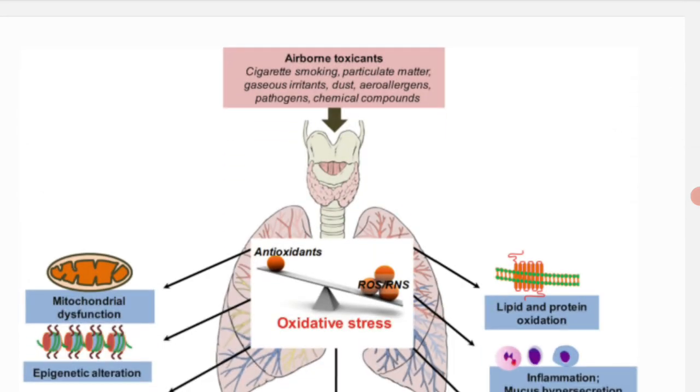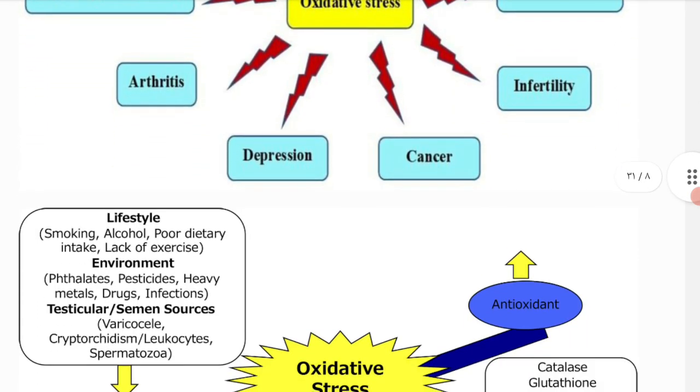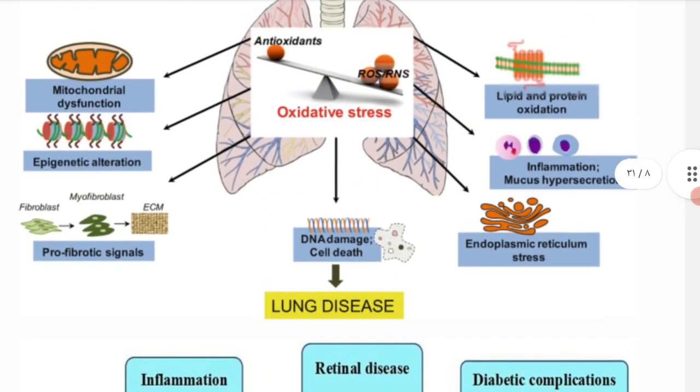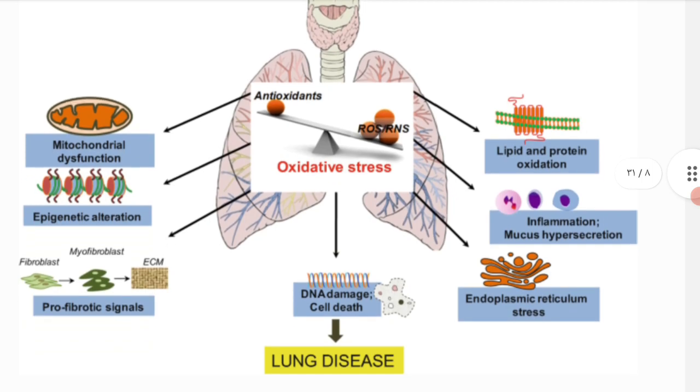Airborne toxicants: this is another example of oxidative stress, in the case of lung disease. If somebody is exposed to toxins by smoking or gases or dust or anything else, the oxidants will increase and the antioxidants will decrease, with ROS or reactive nitrogen species.